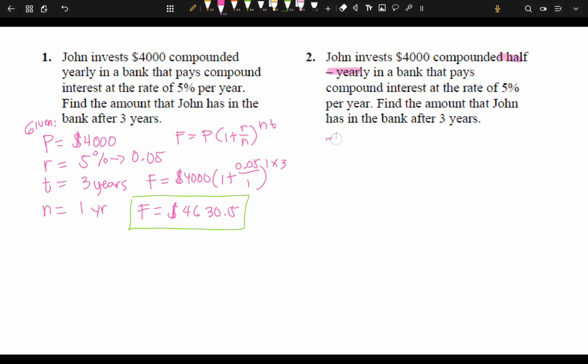So again, given natin principal, so n natin that is 2 kasi semi-annually tayo. Then we have R which is 0.05 and we have yung T natin as 3 years.